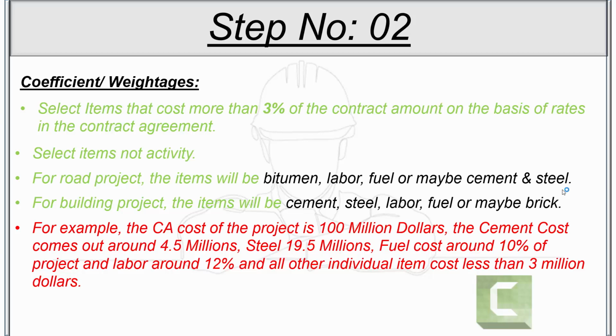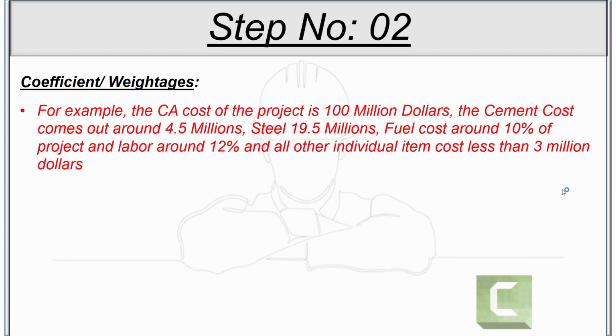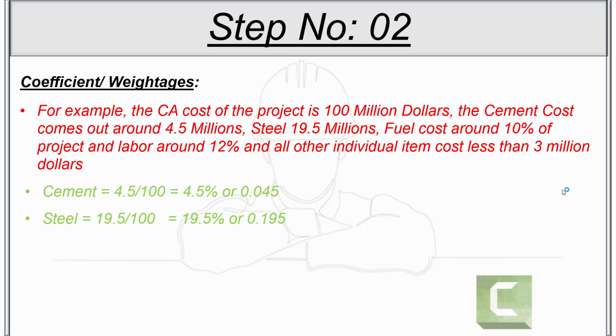So cement is simple: 4.5 divided by total cost, 4.5% or 0.045. Steel is 19.5, fuel is 10%, labor is 12%. So all these are the variables.